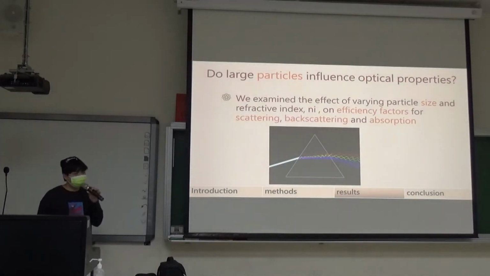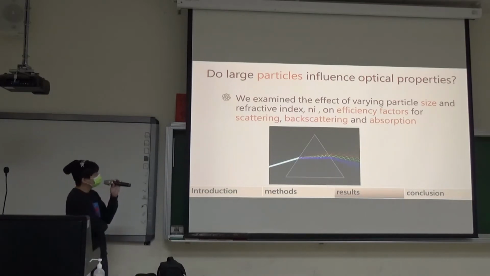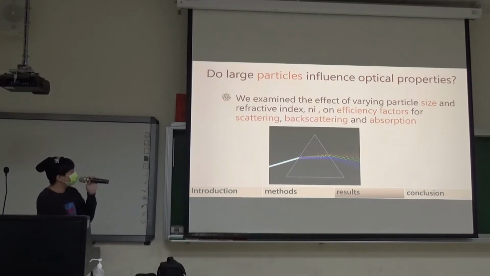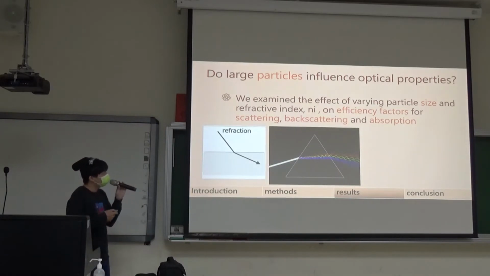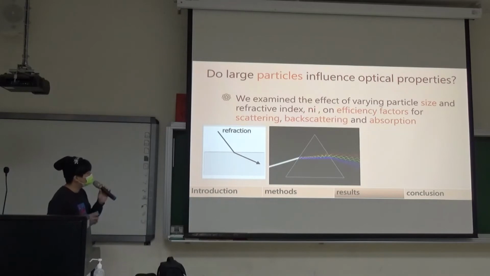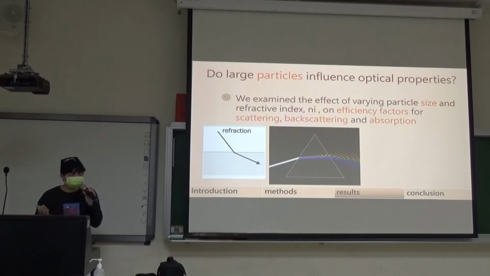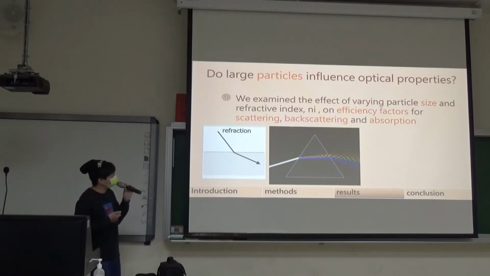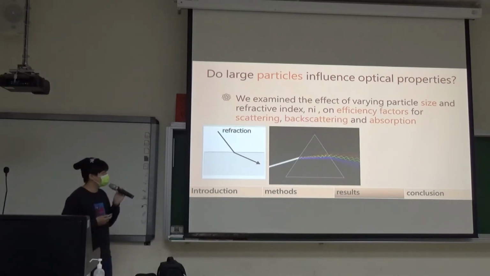To our first aim: do large particles influence optical properties? We examine the effect of varying particle size and the refractive index, Ni, on reflection, scattering, backscattering, and absorption. We focus on absorption to see how large particles influence the color.